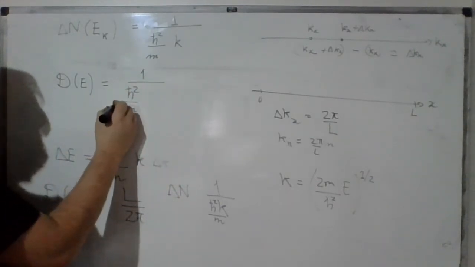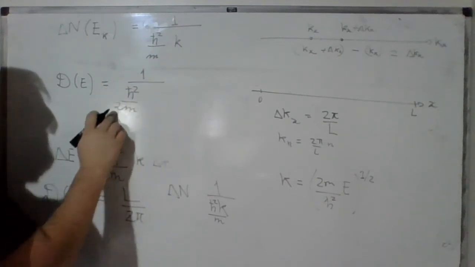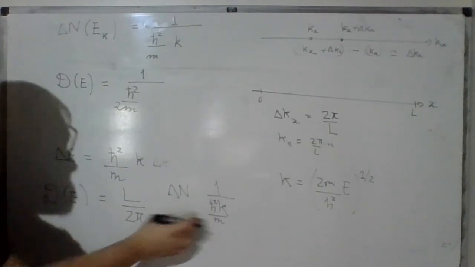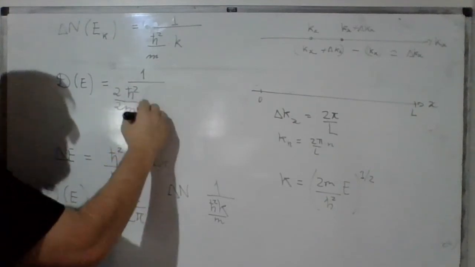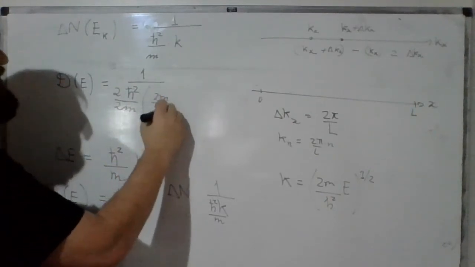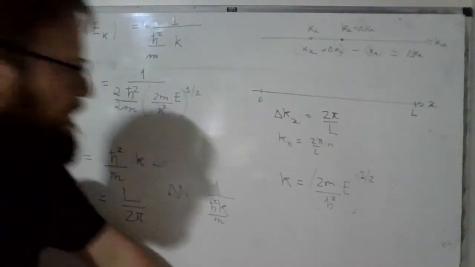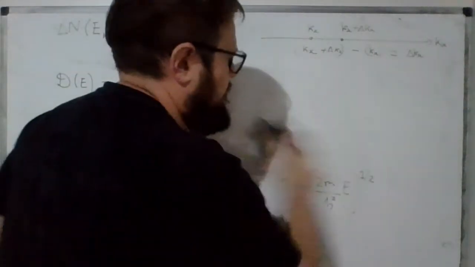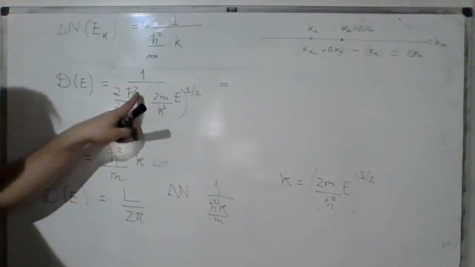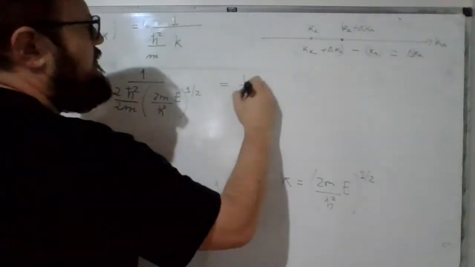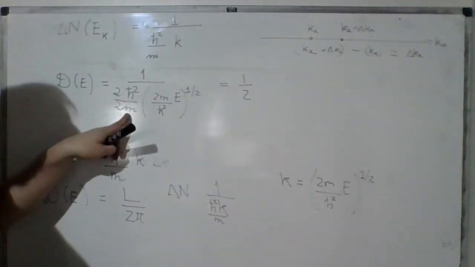I can insert the factor of 2 here, but to insert this factor here, this is just unit. I need to insert another factor of 2 here. So now I can rewrite this 2 over m h bar squared times the energy to the 1/2. And in this case, what we'll have is that this factor here is 1 over 2, h bar squared over 2m.